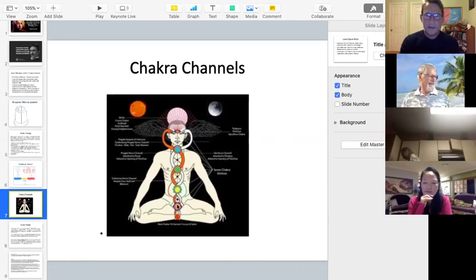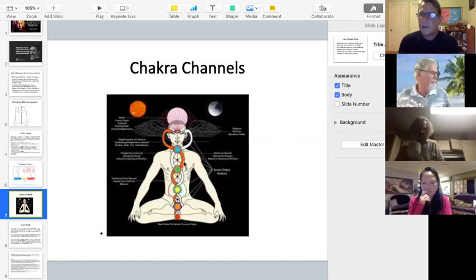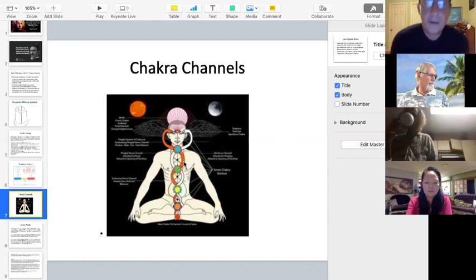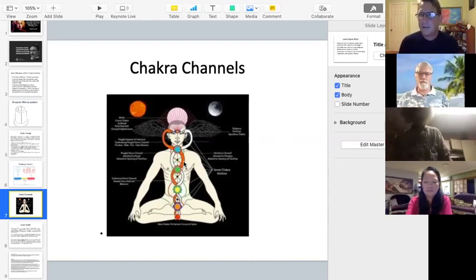You can see that these individual 7 chakras are linked up with a type of channel that oscillates between each of the chakras. So these are the chakra channels that connect the flow of energy in the different layers of consciousness.